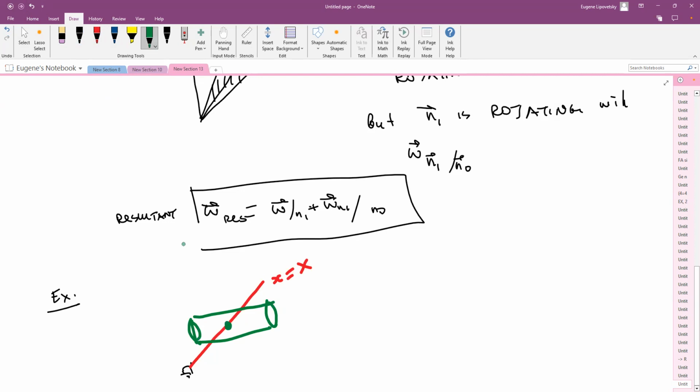This axis is piercing through the cylinder. The cylinder has an axis that is inclined at an angle.